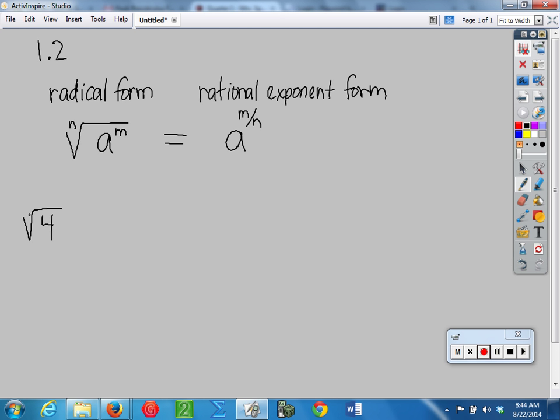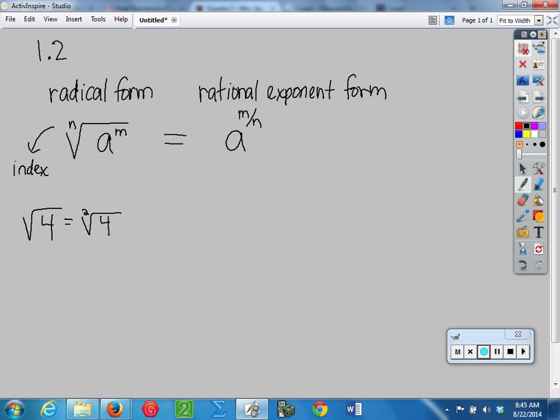This right here is called the index of the radical. The index on a square root is 2. So those two mean the same thing. Anytime you see a square root, it has an index of 2, you just don't have to write it.